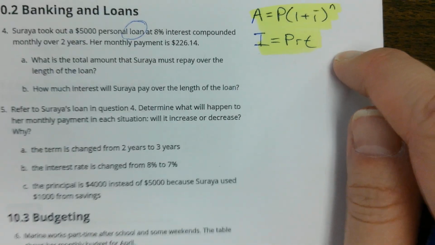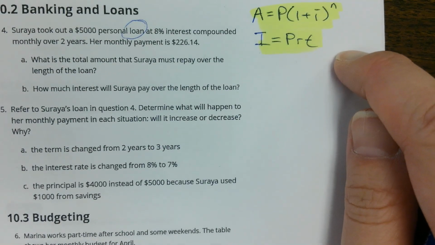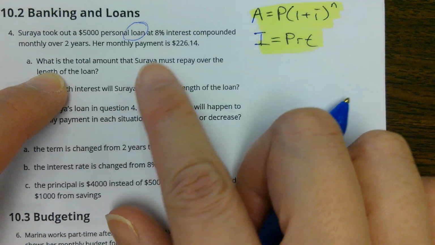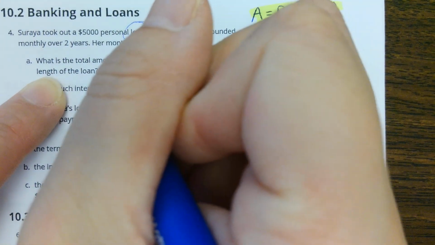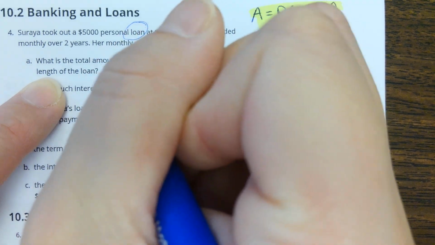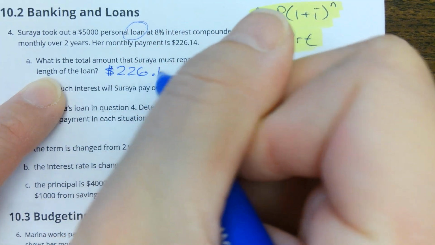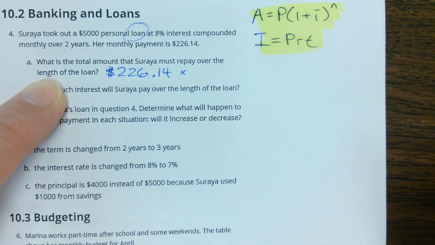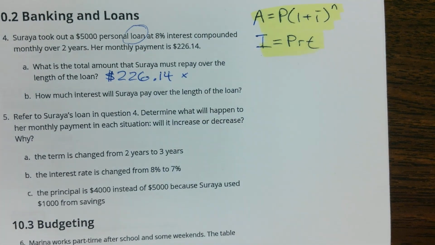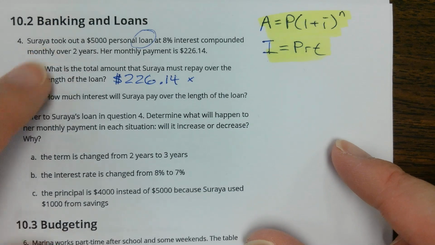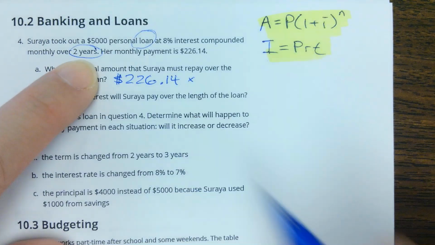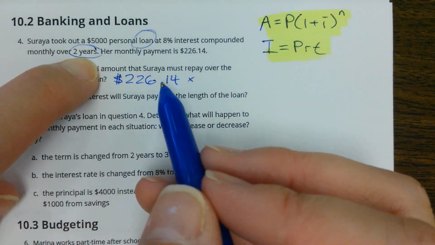Compound interest, simple interest. Okay, what is the total amount that she has to repay over the length of the loan? So we already know that she has to pay $226.14 per month. How long is she borrowing the money for? 24 months. Good job. So 2 years, but remember this is per month.